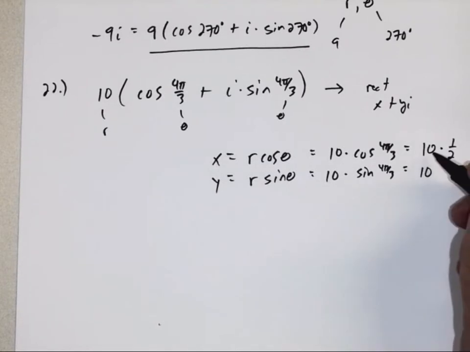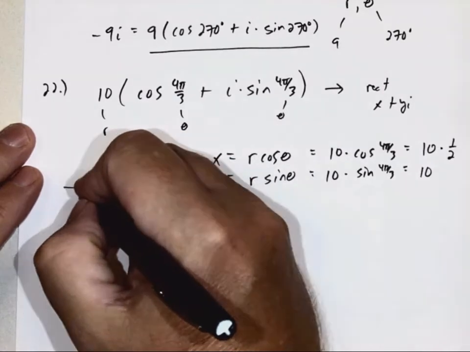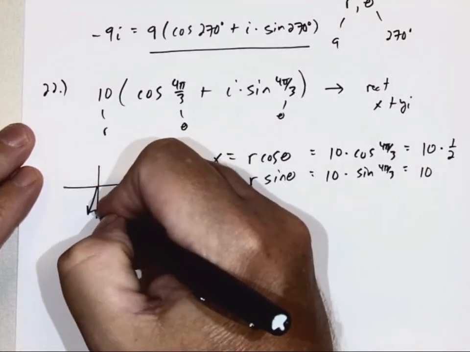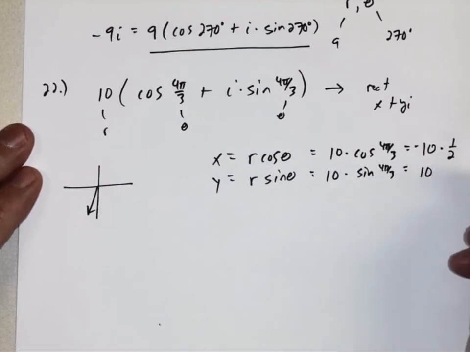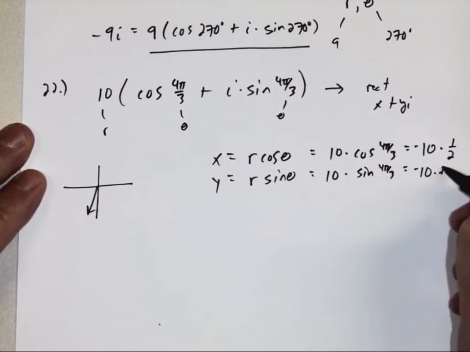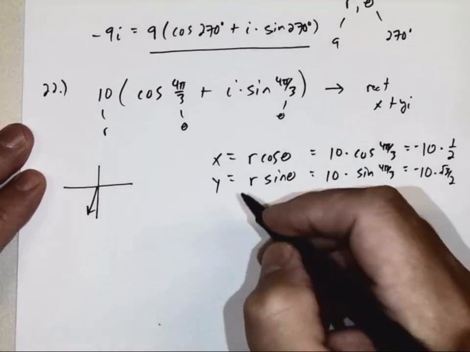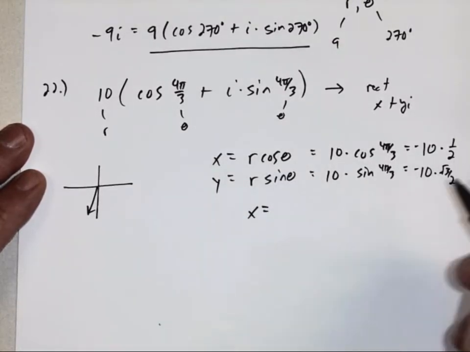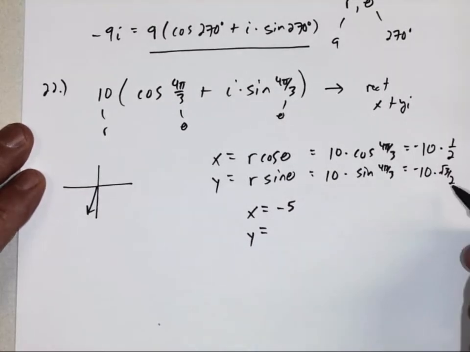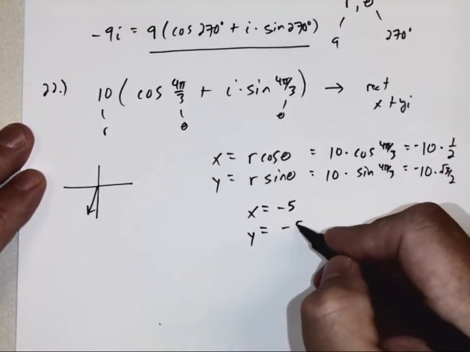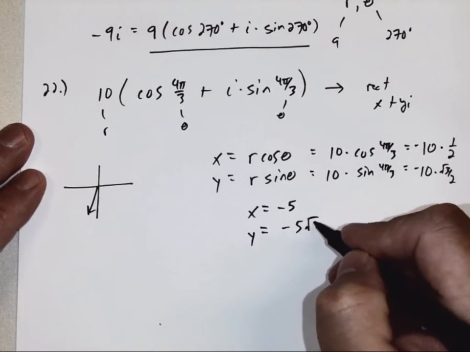Although actually, you know what? I should think about this. You know where 4 pi over 3 is? It's right here. So this thing is going to be negative. And we know the sine of 4 pi over 3 is also negative. So sine of 4 pi over 3 is negative square root of 3 over 2. Looks like x is negative 5. Y is negative 5 square root of 3.